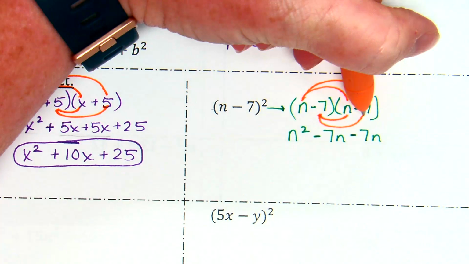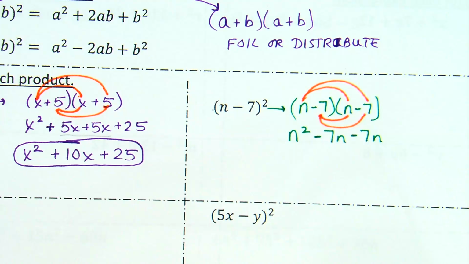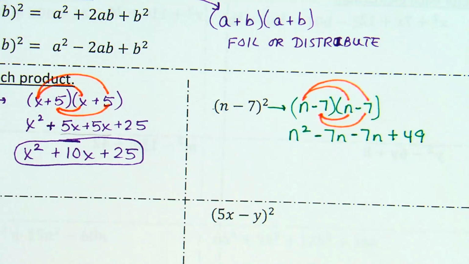Last is the last thing in each parenthesis, or distribute that negative 7. Notice, I heard 7 times 7. What is negative 7 times negative 7? A negative times a negative is a positive. Am I done?